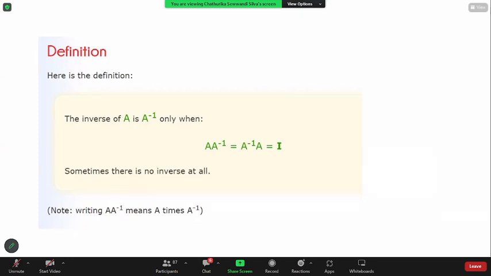There are some cases where there is no inverse at all.